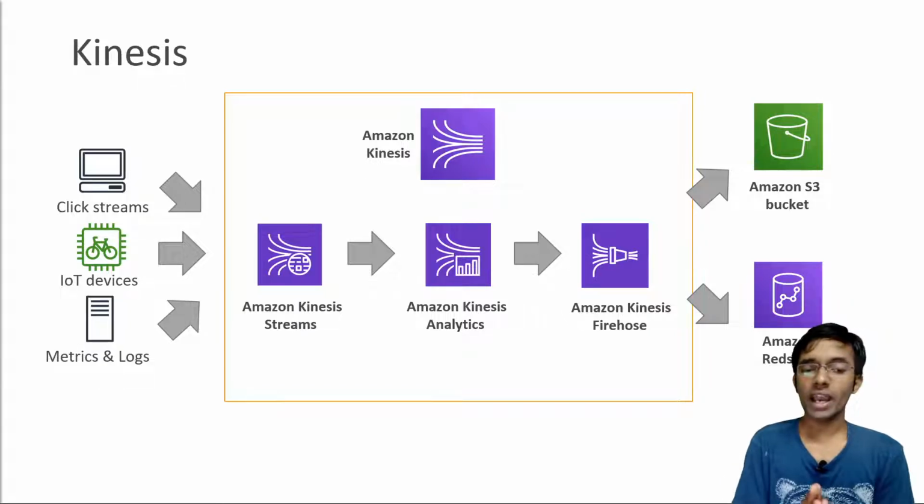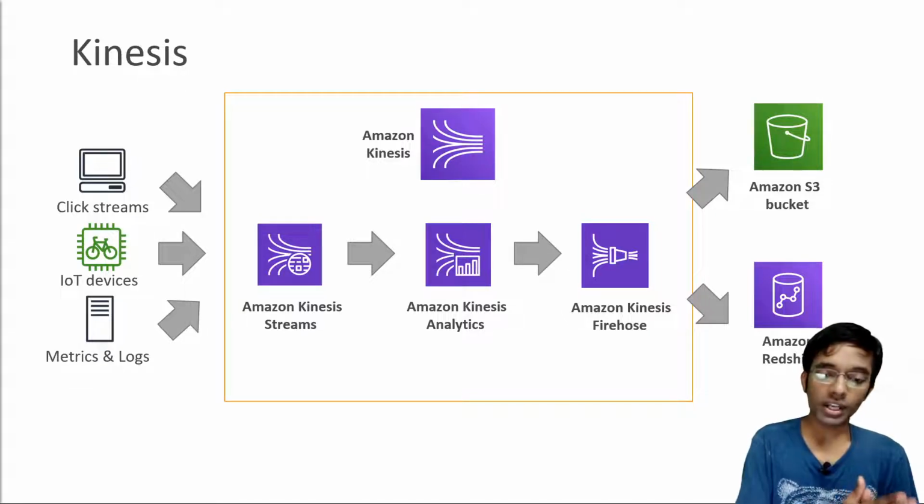Okay, so from a general architecture point of view, Amazon Kinesis is the service, and we have Amazon Kinesis Streams to ingest data. So it could be click streams, IoT devices, metrics, and logs, and this data can go into Amazon Kinesis Analytics to perform some computation, maybe some moving average, understanding if some metrics are out of the normal, that kind of thing.